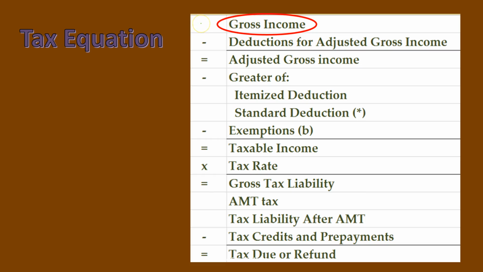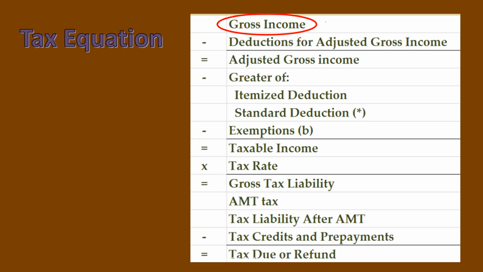So when we talk about business income, the reality of the situation is we're going to be talking about business income and business expenses. The net income, basically the net of the business income, will be reported on the Schedule C, and that net piece will then carry over to the front page of the 1040.